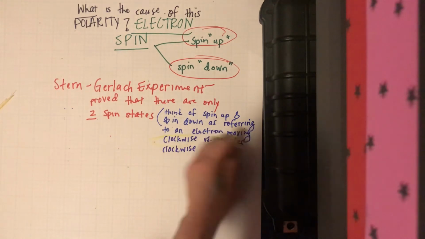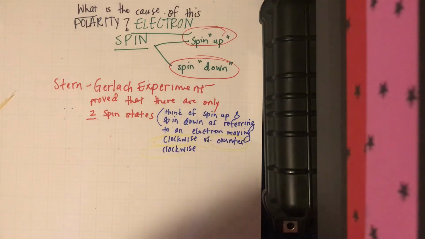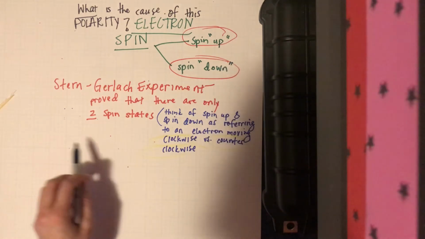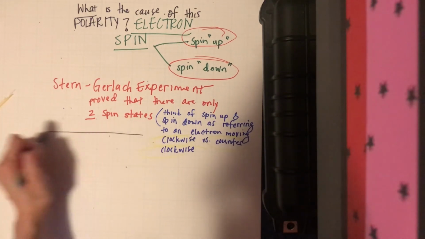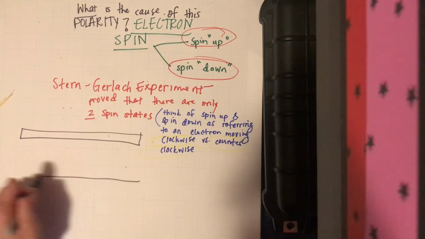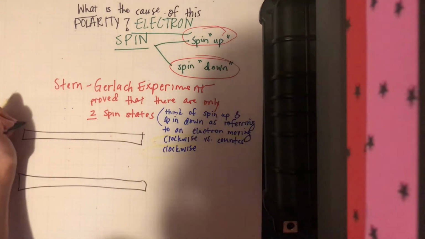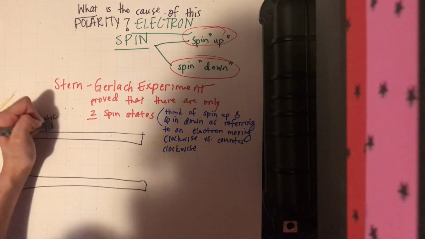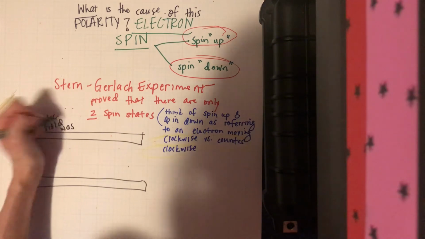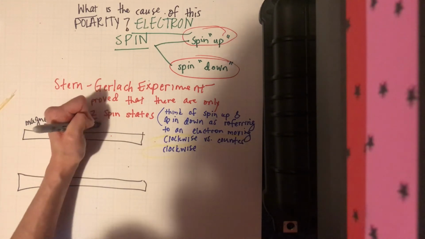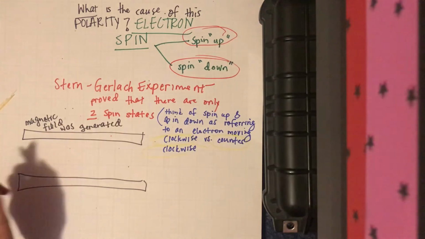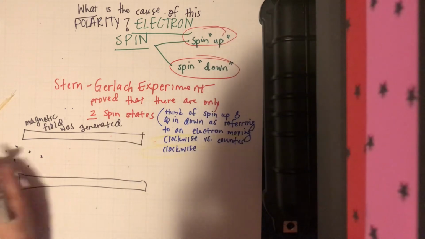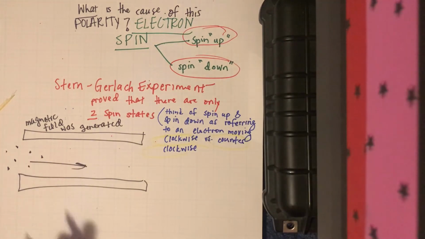So the way the Stern-Gerlach experiment worked was that basically there was a magnetic field created between these two plates. So a magnetic field was generated and silver atoms were pushed through this.